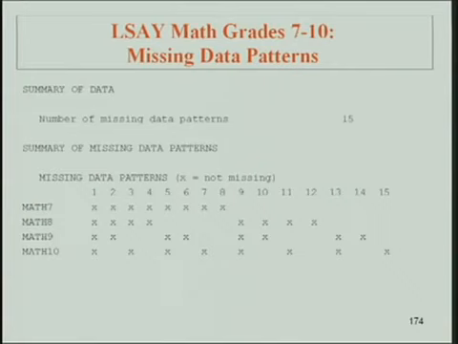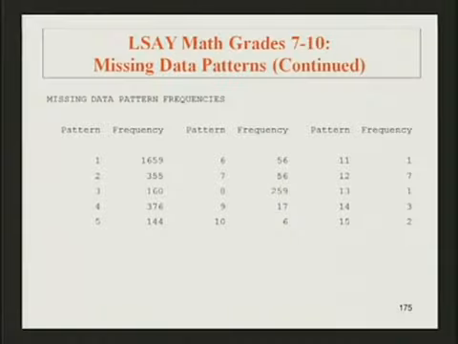The total is about 3,000 people. Most people, 1,659, have complete data on all time points. Pattern 2, you drop out at the last time point; 355 are of that case.